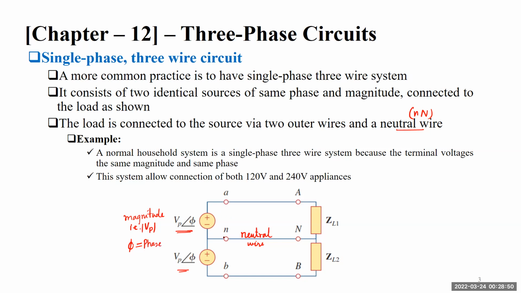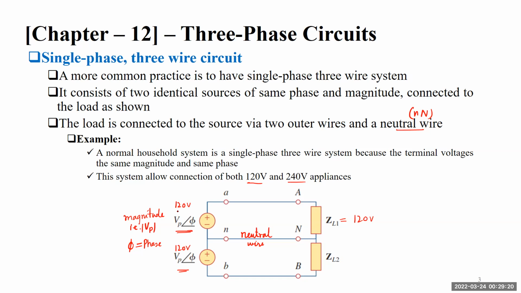For both cases, the terminal voltage is the same. It also allows us to connect both 120 and 240 volt appliances. For example, if we have a load working at 120 volts, we can easily apply it on 120 volts. Generally in the North American continent we have a 120 volt phase, unlike the Indian subcontinent where we have 240 volts single phase.